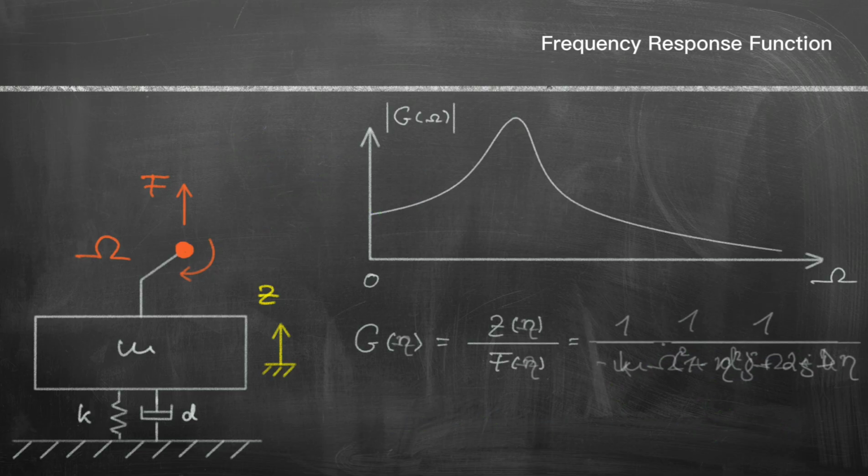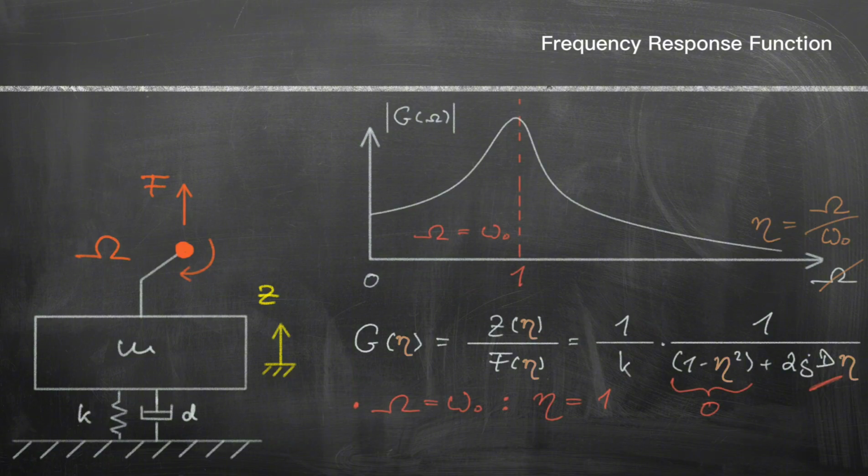We can now also describe the frequency response function through a few small transformations as a function of the frequency ratio eta, meaning the excitation frequency divided by the natural frequency. With that, you can clearly see that in case of resonance, when eta is equal to 1, only the damping ratio D in the denominator prevents the response from becoming infinitely high.